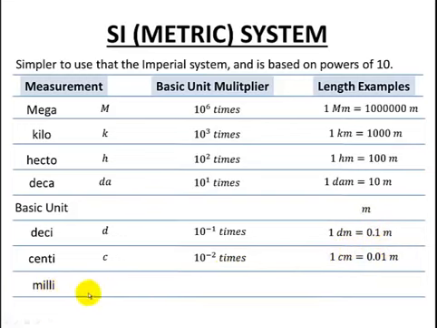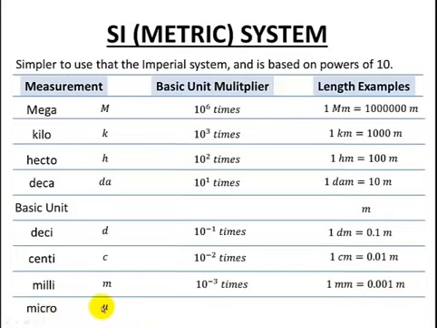Let's take a look at milli, abbreviated with an M, 10 to the minus 3 times smaller. So 1 millimeter is 0.001 meters. Our small unit is a decimal value of the base unit. Take a look at one last small one, a micro.